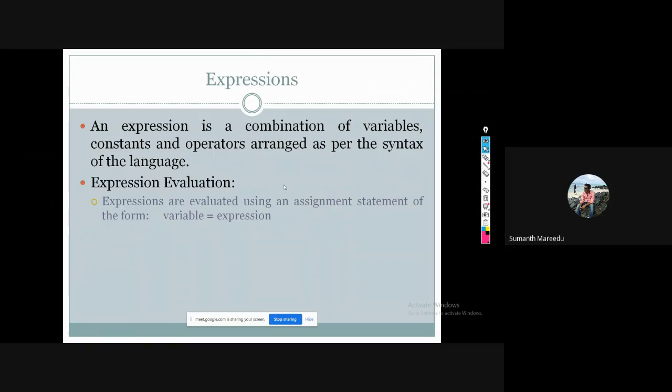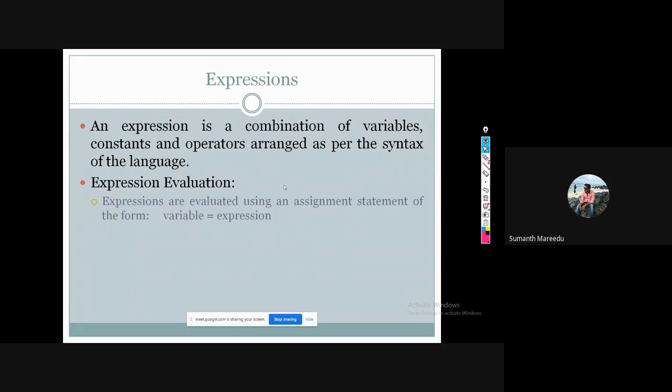Okay. So when you have an expression with a combination of all this, and you try to solve or evaluate that expression, when you apply all the operators, the whole expression will result in a single value, and the value of that expression is assigned to a variable.